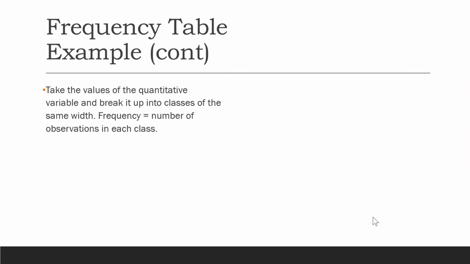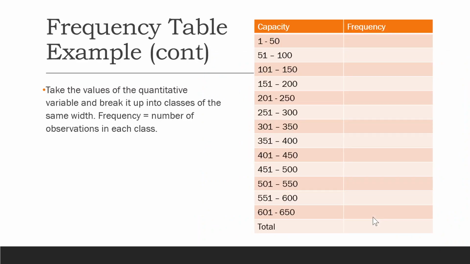And so, just as I said before, we're going to take the values of that quantitative variable and break it up into classes. I think the smallest capacity in my data set was 1, and the largest capacity was in the 600s. And so what I did was I decided to divide my variable into classes whose length is about 49 to 50, right?